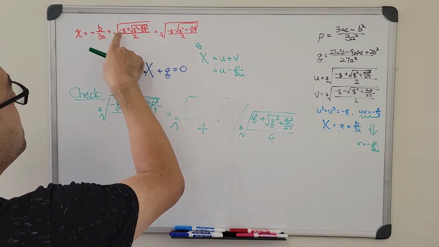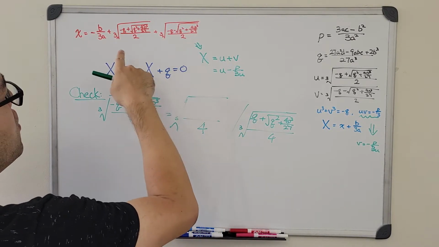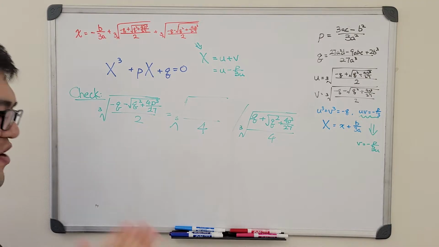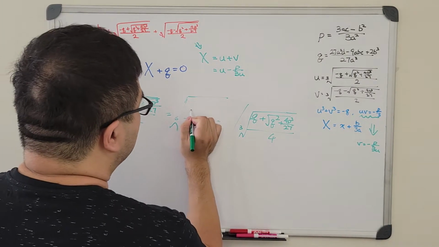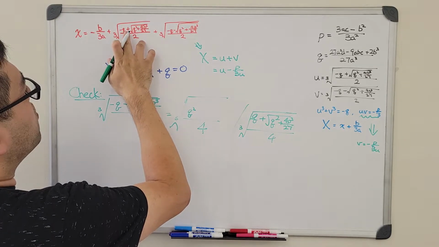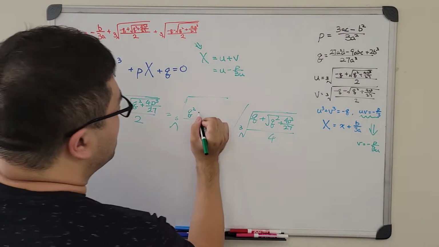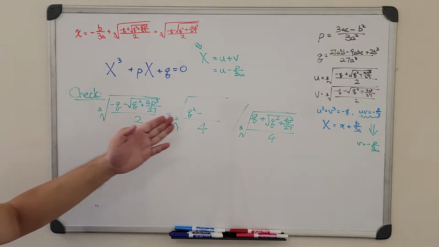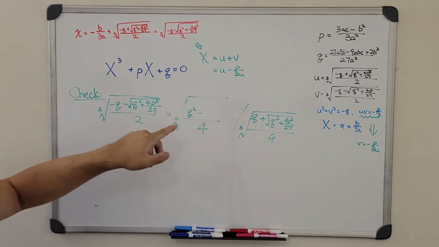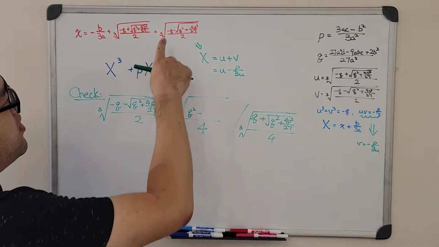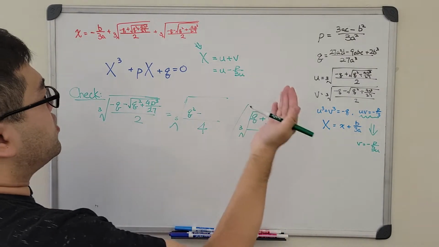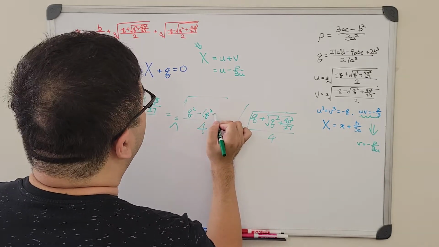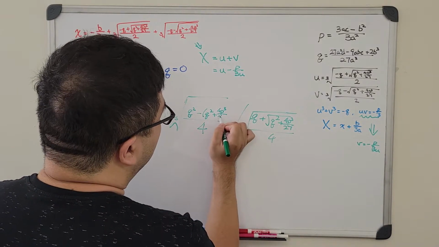And then for the first part, which is outside of the square roots, we have negative q times negative q, which is q squared. Good. And then we have plus here and minus here, meaning that we're going to use the difference of squares formula. So we get the first term squared minus the square of the second term, where the second term has a square root. So if we square it, we just get rid of the square roots and get q squared plus 4p cubed over 27.